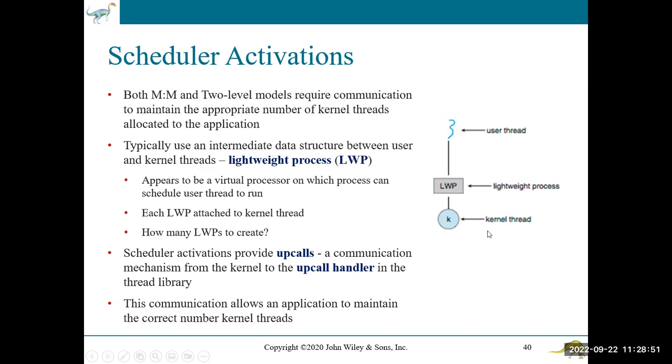Notice the relationship between kernel thread and user thread, and the intermediate process between the user thread and the kernel thread is this lightweight process. It's a method to translate lower level resources into application resources.